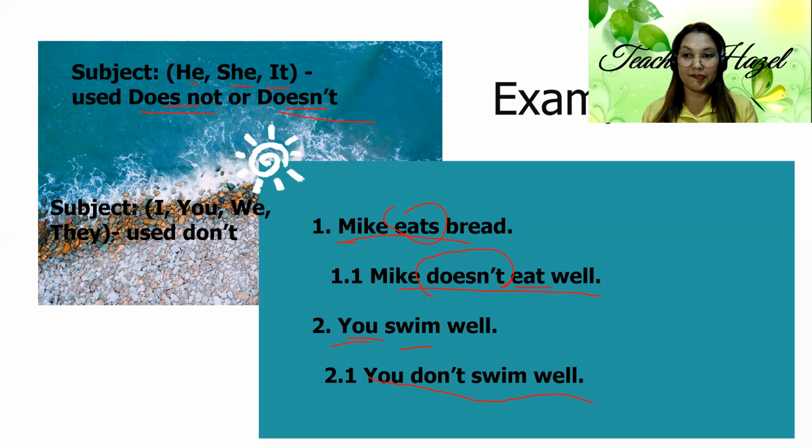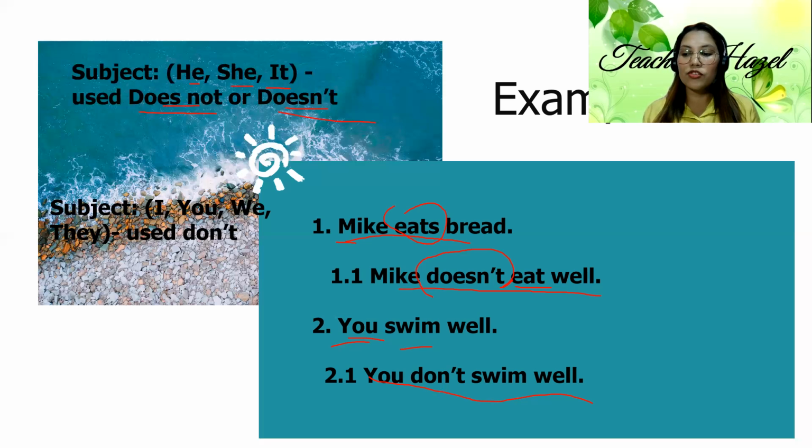Okay, so it should be like this. You don't swim well. So I use the contraction for do not. I combine them to make don't. You don't swim well. Right?